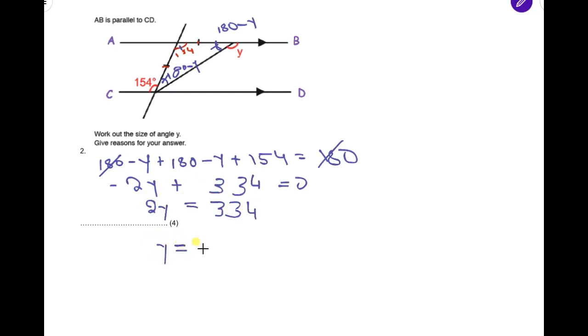Now you simplify, the value of y is 334 upon 2. You cancel them, and it is 167 degrees. So the value of angle y is 167 degrees.